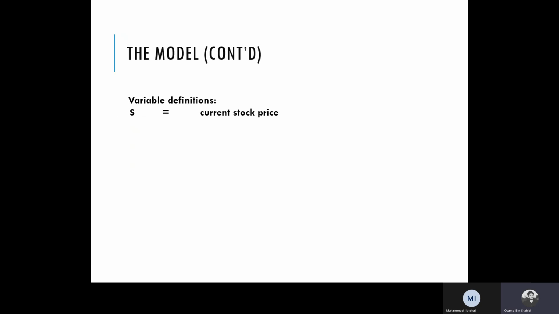So now we'll define the variables. What are these variables that we have just gone through in the option pricing formula? S is the current stock price. K is the option strike price. If you look at the formula, it is almost like the formula of forward pricing, where we discussed the forward price.